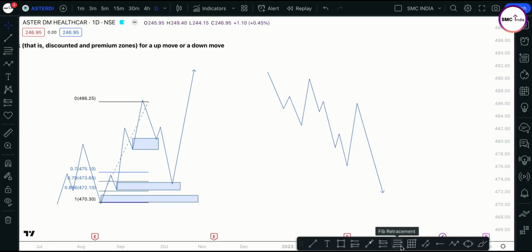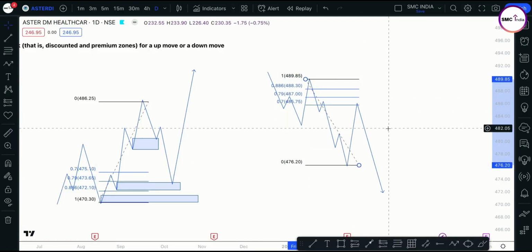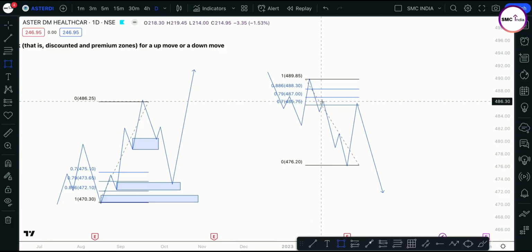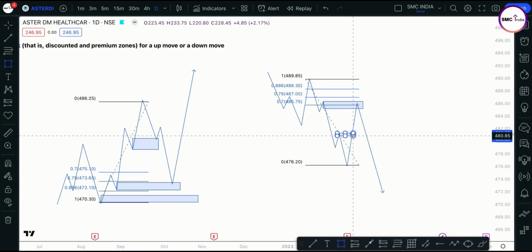So this Fibonacci tool helps in marking the premium order blocks for the supplies and helps in disqualifying this order block.